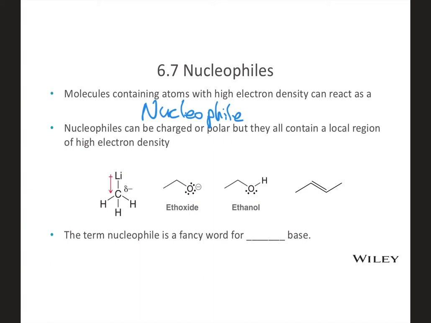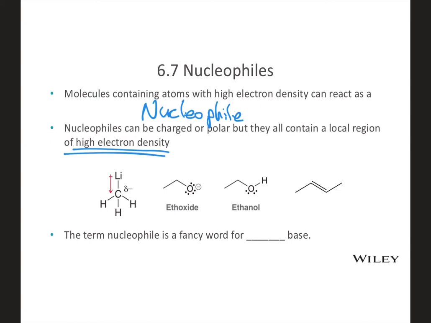And the reason they're in search of other atoms is the nucleophile itself contains a region, or maybe even has an actual charge, that involves high electron density. So it might have an actual negative charge, which would tell us it has a lot of electron density, or maybe it's just polarized in a way that shows there's a region of high electron density.